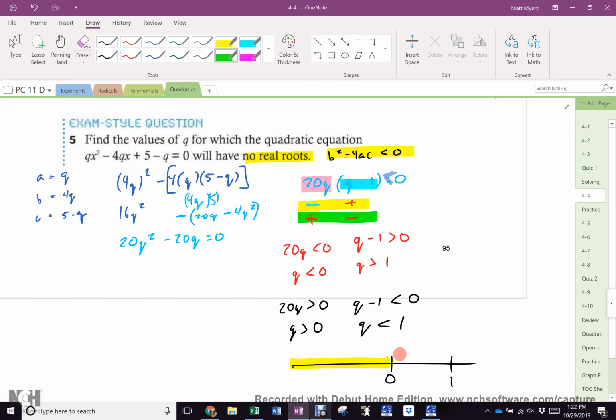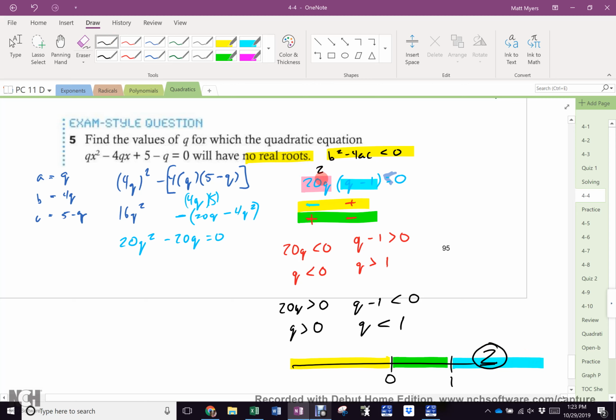1, 2, 3. Now, we always use 0 and 1, don't we? But we can't use them here, can we? Because they're actually part of the deal. So I got to choose another number. What's an easy number to work with past 1? Okay, let's work with 2. 2 is positive, yeah? Well, let's check. If I put a 2 there, what do I get?